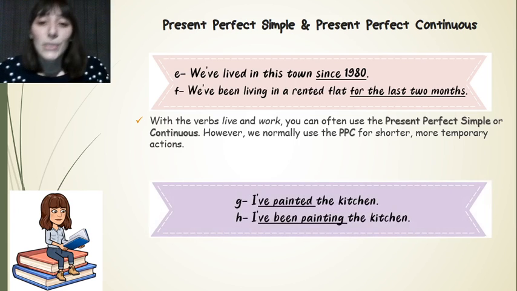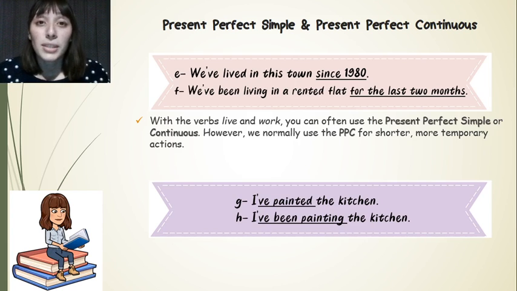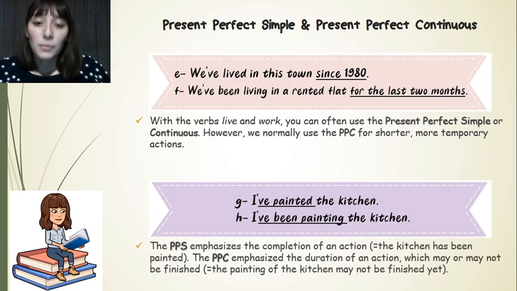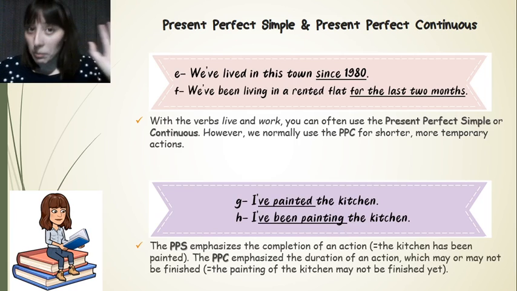Let's see the last 2 examples. I've painted the kitchen and I've been painting the kitchen. So in both situations we use the same verb, but in example G, we are saying that the action is completed. So the kitchen has been painted.